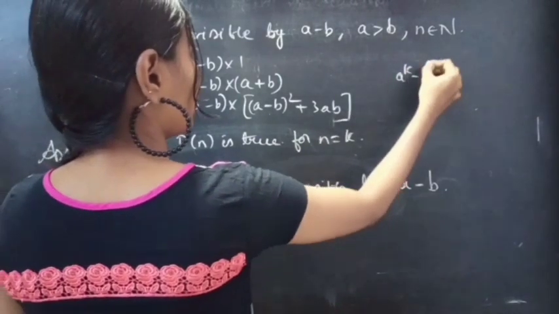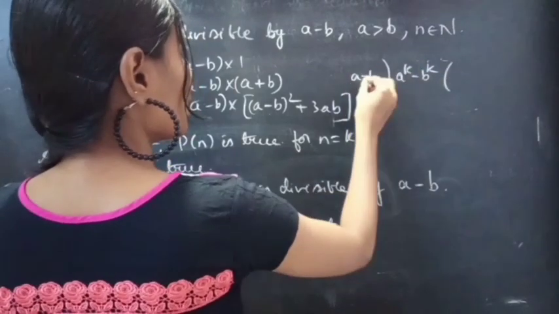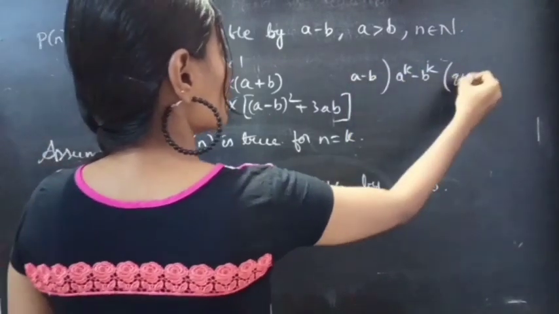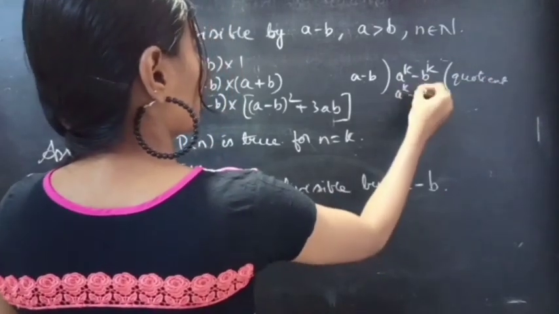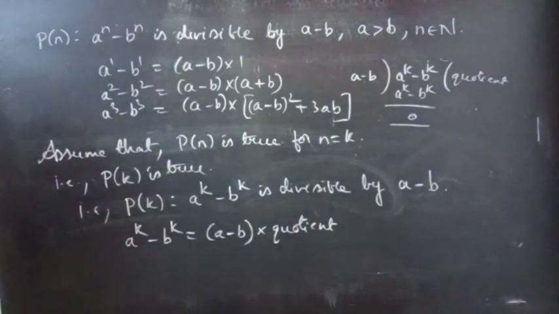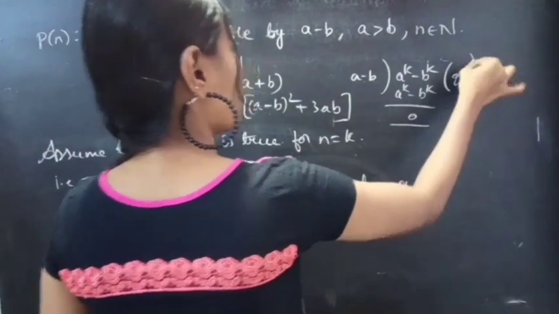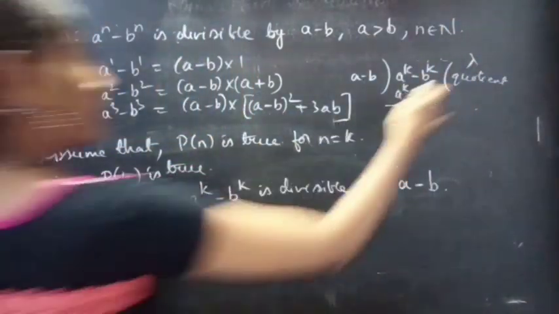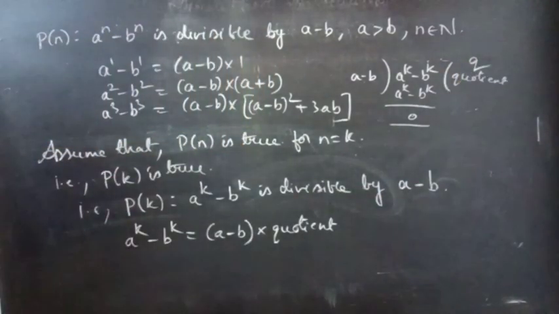If aᵏ − bᵏ is divisible by a − b, then (a − b) into some coefficient gives aᵏ − bᵏ, so that the remainder becomes 0, right? So let's consider this coefficient as some lambda or some q, better. Q for coefficient, right?